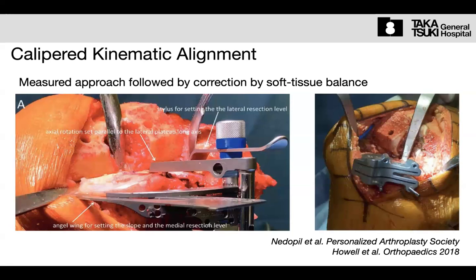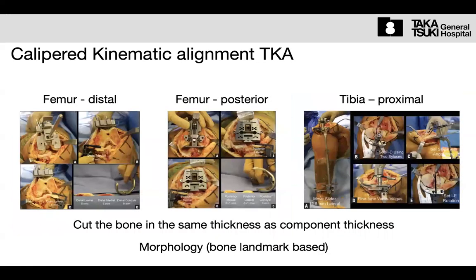But if we use the robot, it's quite easy to add 1 degree or 2 degrees more using the intraoperative planning. So the robot is very good to recut the bone.